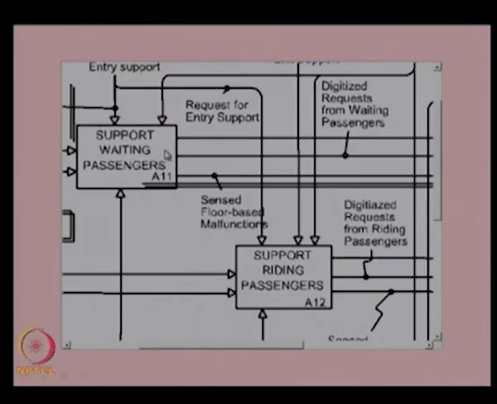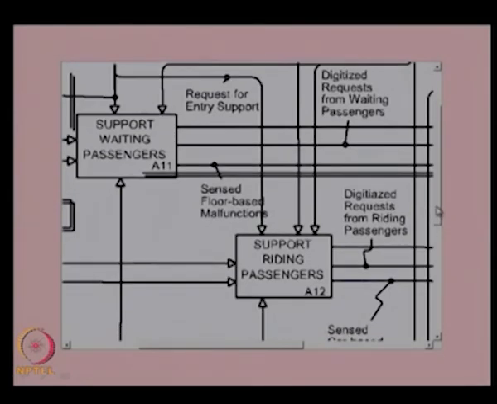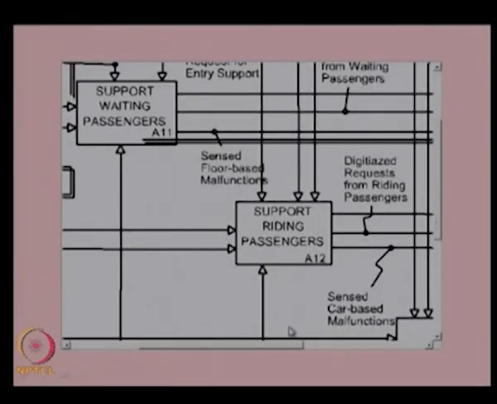So that is the way we use the IDEF0 diagram to trace the scenario. This is basically about the IDEF0 diagram and how it can be used for functional decomposition. What we discussed here was to look at the IDEF0 diagram as such.